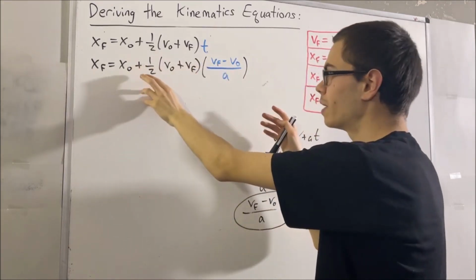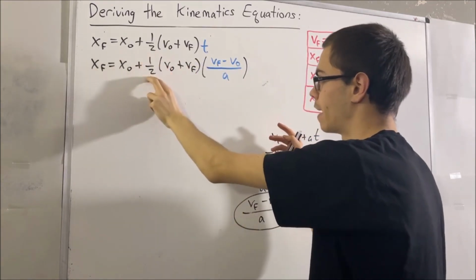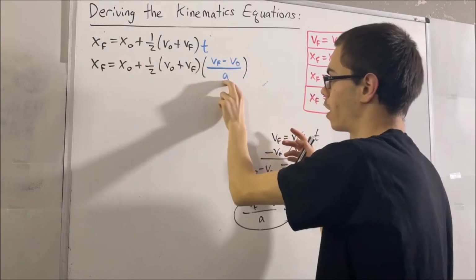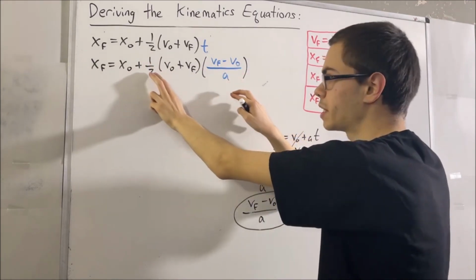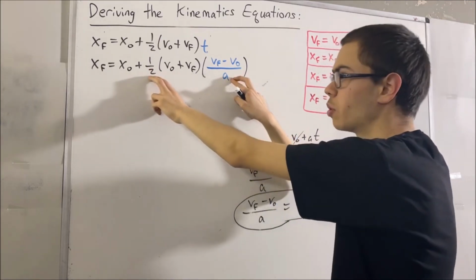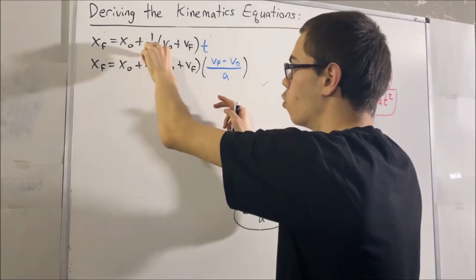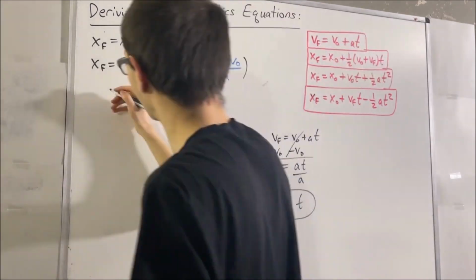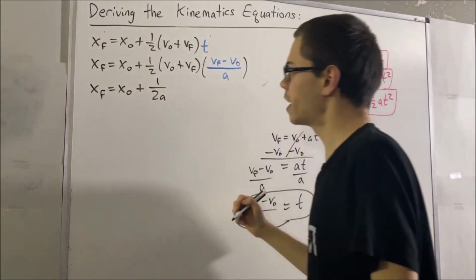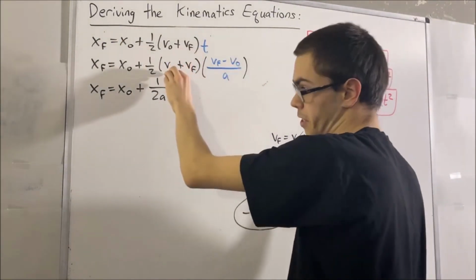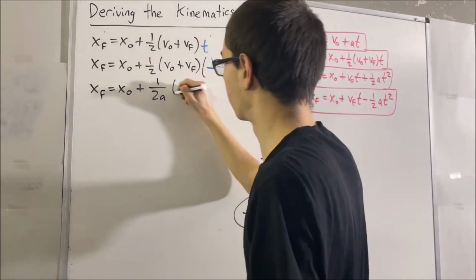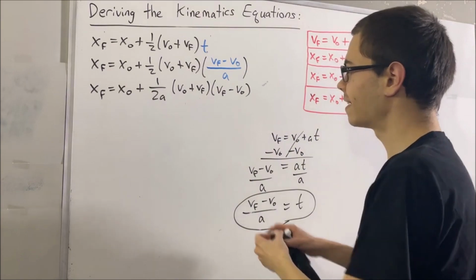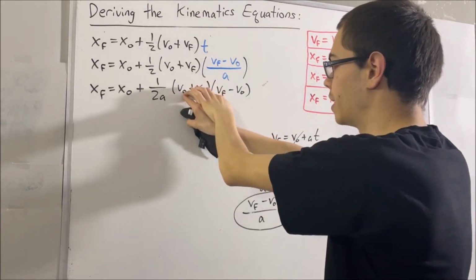Okay, so now that we've done that, we're just going to simplify this up a little bit. Now notice we have two fractions, 1/2 and vf minus v naught over a. If we focus on multiplying the denominators, we really just have 2a. So I'm just going to rewrite this as 1 over 2a. And from here, what we have left is just v naught plus vf times vf minus v naught. Next, I'm actually just going to flip these two things around.